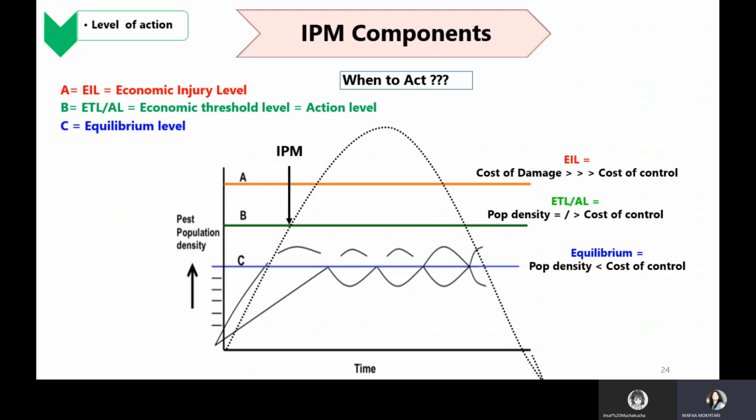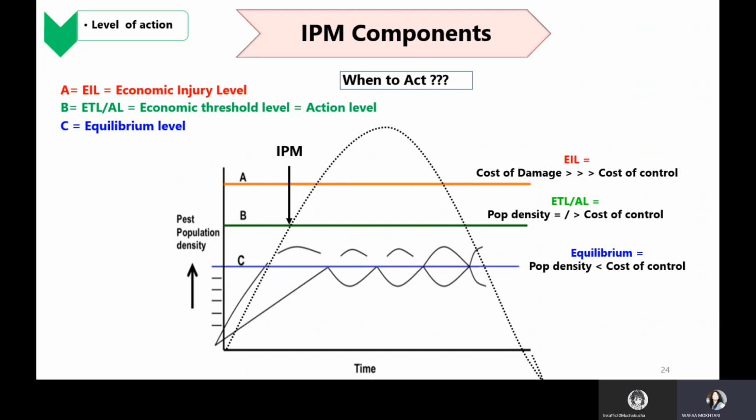And you will say, okay, but we should act. No. Why? Because at the equilibrium level, the population density is less than the cost of control. So if you buy your material to control, it will cost much more than the importance of the population of your pests.